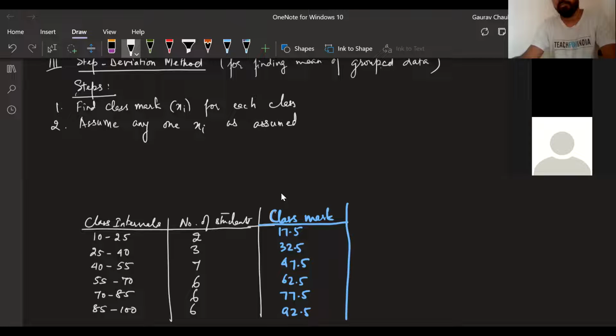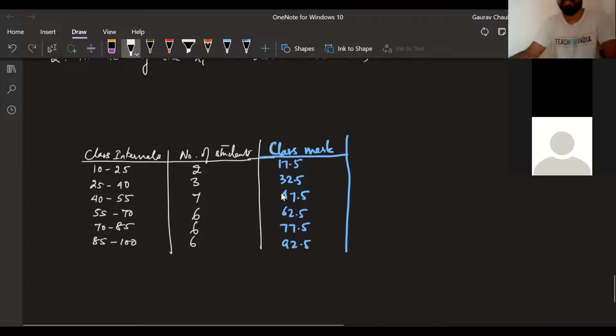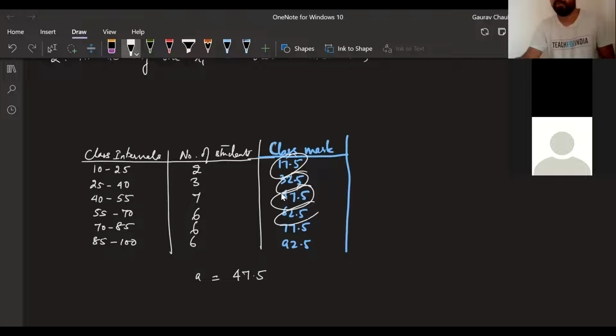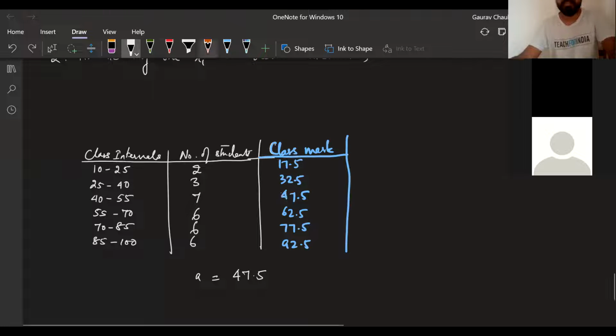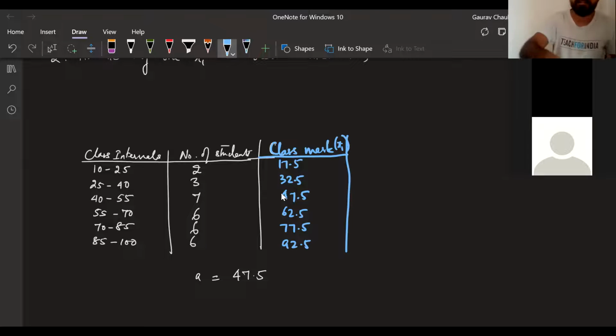You're going to call it A. So what do you want to assume? We're going to stick with the same one just for simplicity. Choosing something in the middle is good. It makes things cancel out, but you can choose any one of these numbers, any one of the class marks. So I'm choosing A equal to 47.5 as the assumed mean for now.